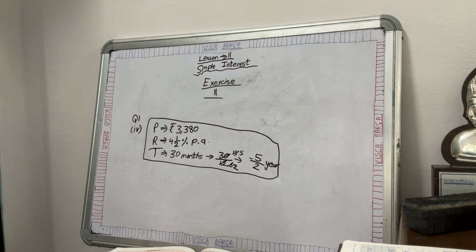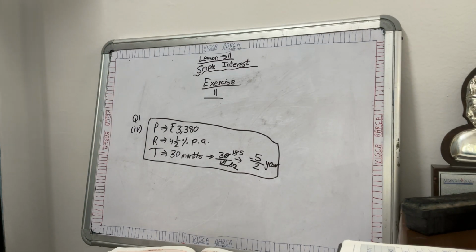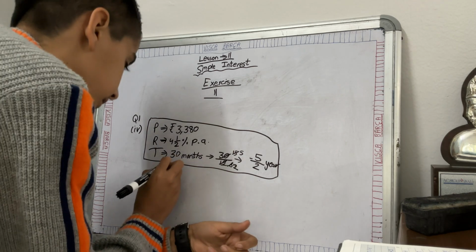Now we'll write the formula. So simple interest is P into R into T upon 100.